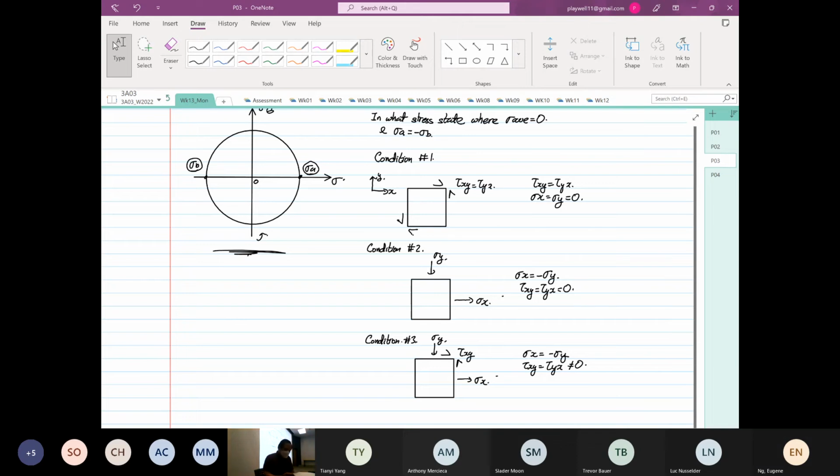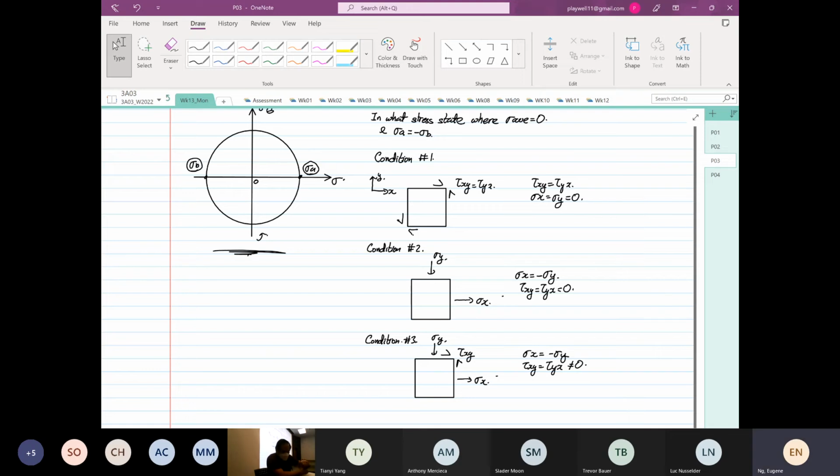So most of the time, if you remember when we do combined loading, when we do shaft, most of the time we only have one normal stress. You all realize that, right? And then we can include the shear.